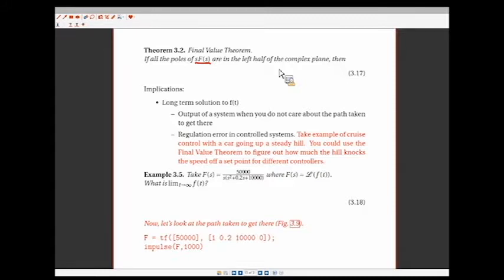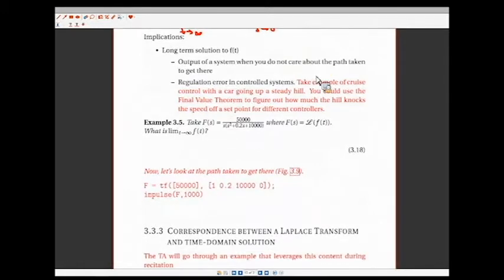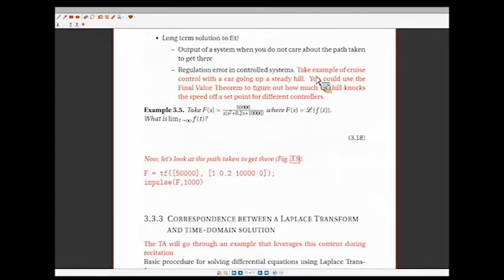So if all the poles of s F of s are in the left half plane, then the limit as time goes to infinity of f of t is equal to the limit as s goes to 0 of s F of s. We should actually get through this a little bit more in the last 5 minutes. So it is a quick problem.